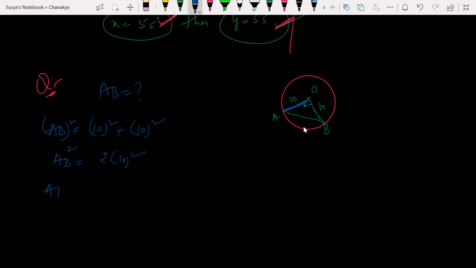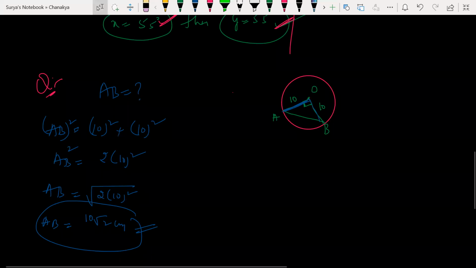AB is the square root of 2 times 10 square. The square root will get cancelled, or else first you split it like this: root 2 into 10, or 10 root 2. Clear? Yes, sir. 10 root 2 centimeters. Understood?